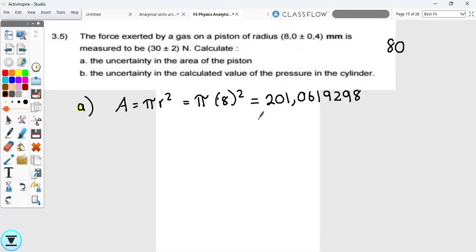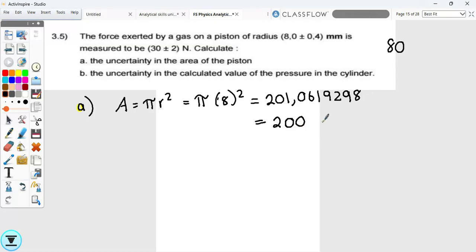Okay, so that means we're going to have to write this value to two significant figures as well, but that's a little bit difficult, because if we're rounding it off to two significant figures, it means it's this digit here. So that means the answer is going to be 200. But this is not actually significant.